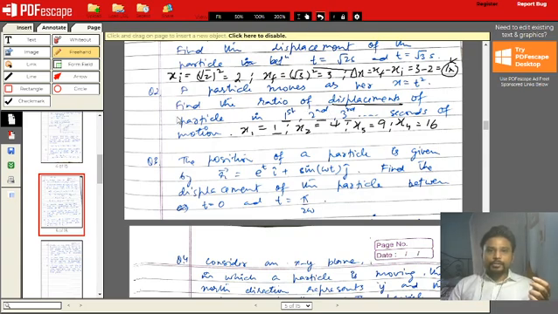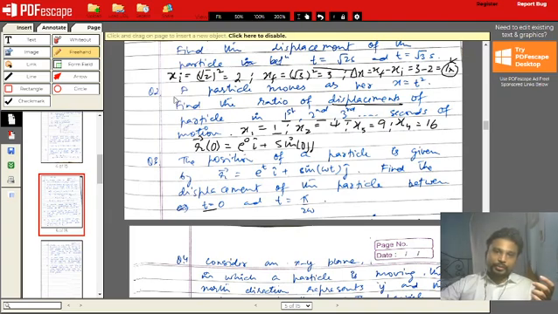The initial position of the particle can be found by substituting the initial time, that is 0. We get e to the power 0 i cap plus sin omega t, that is sin 0, j cap. E to the power 0 is simply 1, so that is simply i cap.